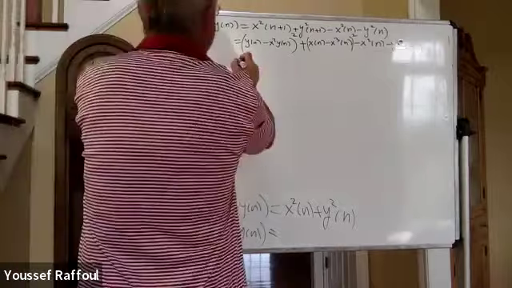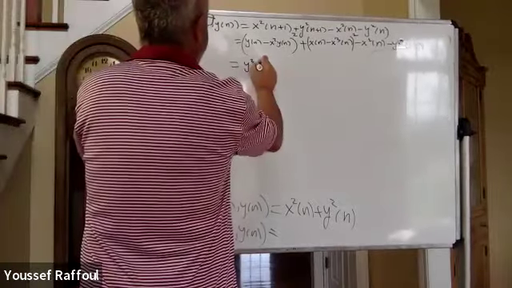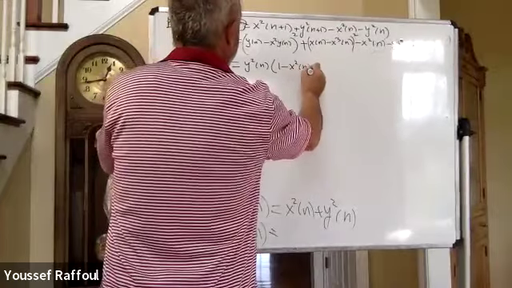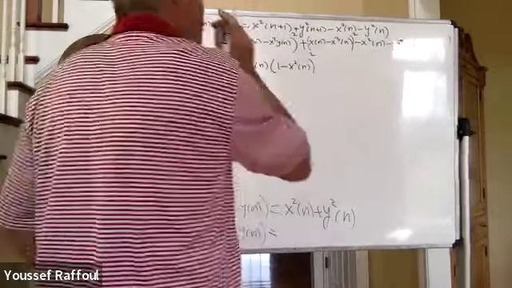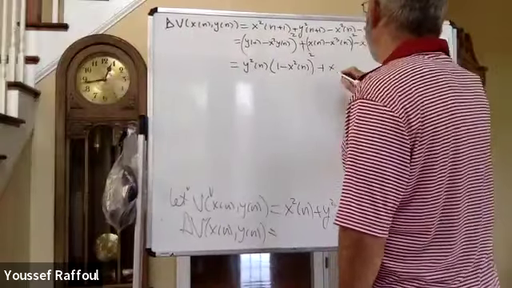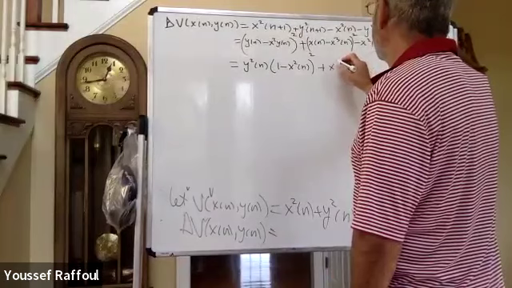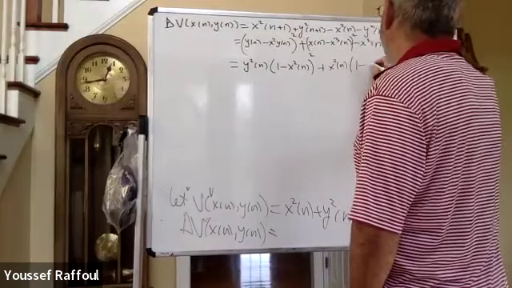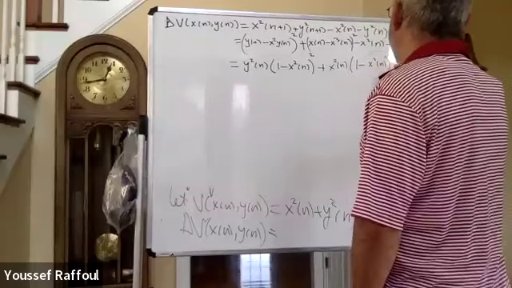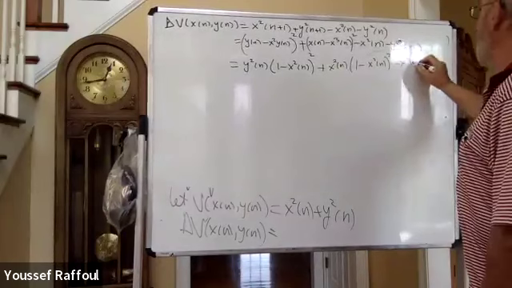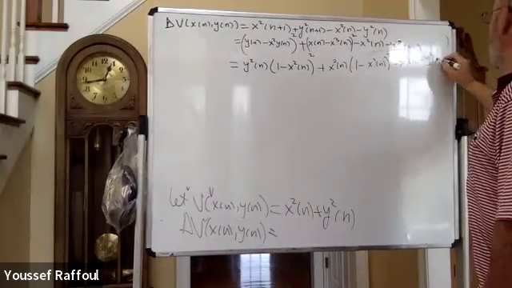So this one is y squared of n times (1 minus x squared of n) squared plus x squared of n times (1 minus x squared of n) squared minus x squared of n minus y squared of n. Do you see that?